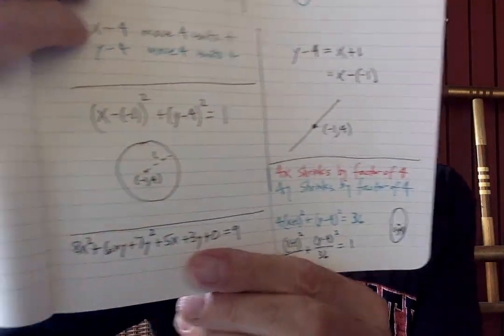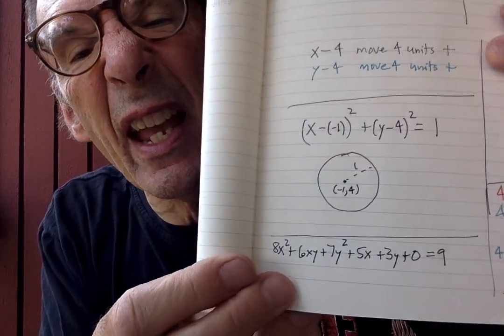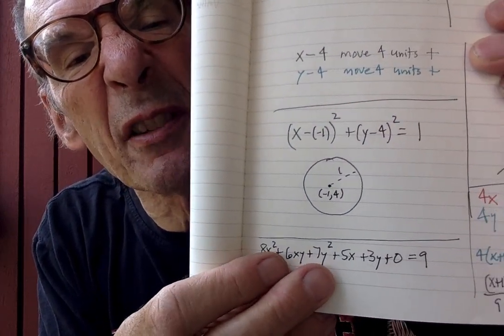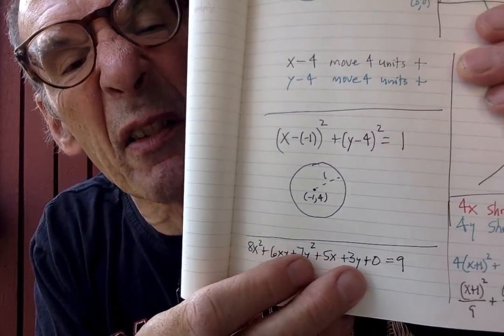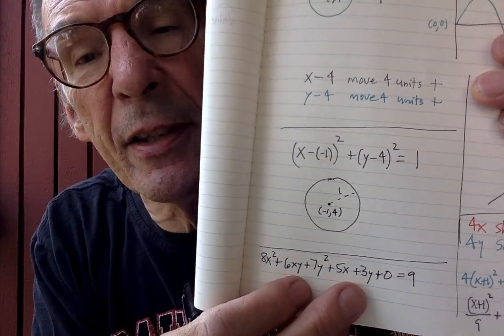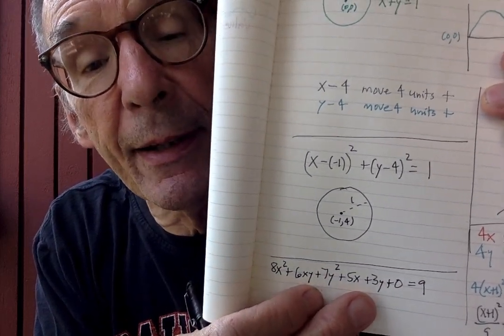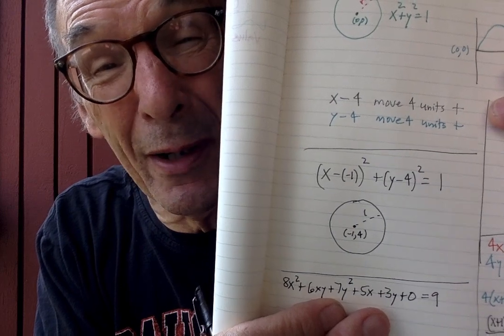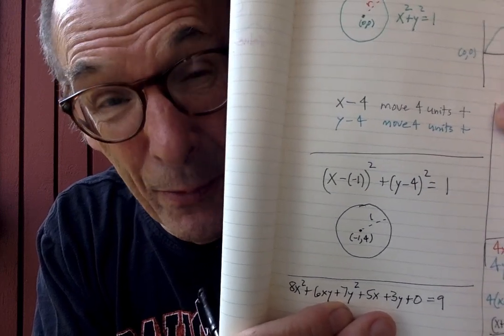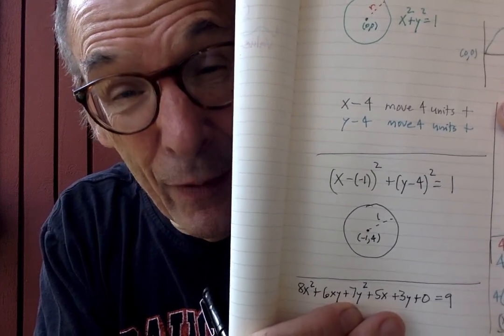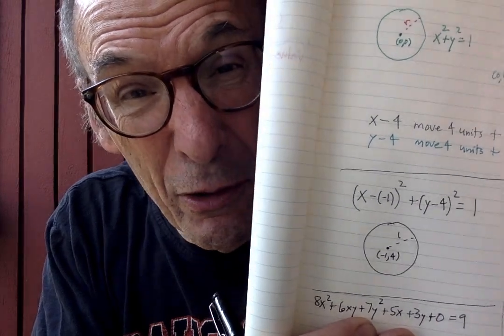So I'm writing down this ugly, ugly, ugly equation, and here you go. It's got 8x squared plus 6xy plus 7y squared plus 5x. This is an ellipse just like the one we last did, but you're going to have to do a lot of algebra to make any sense of this. If somebody gives you this, they're a bad person.